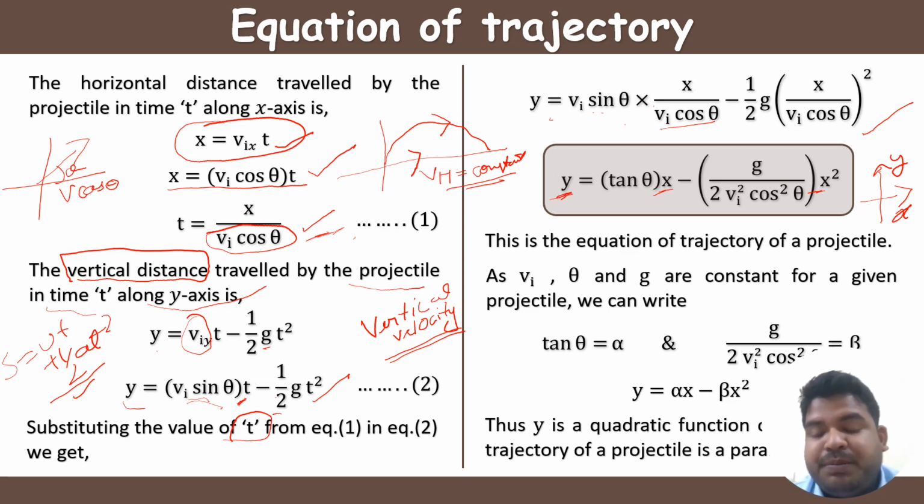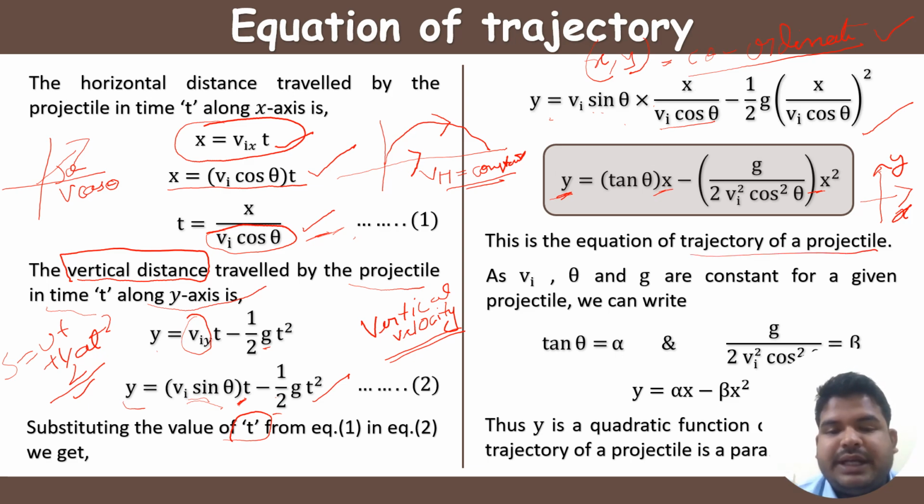If you put any value of x, you will get the value of y, like the x comma y coordinate. This is the equation of trajectory of the projectile.